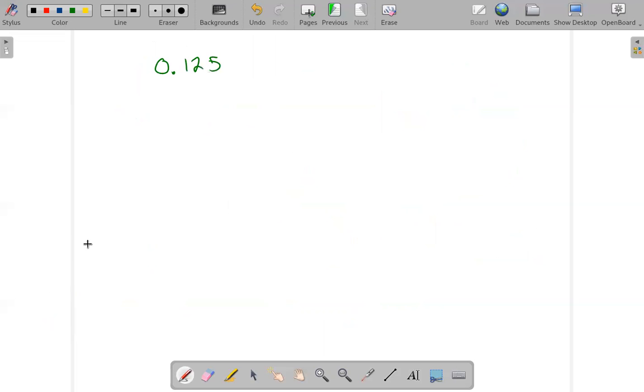That was slang. Oops. How do I really read it? Well, this is the tenths position and the hundredths position. This would be the thousandths position. So the proper way to read that is 125 thousandths. Boom, done. It's a fraction. I could reduce it, sure. I'm not going to.